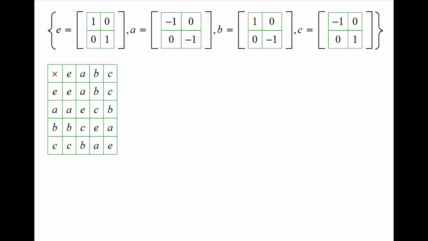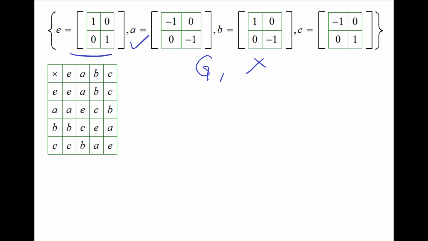Now let's take another example or another idea. I brought this example back from our presentation 5, and there we saw that this is a group with respect to matrix multiplication.